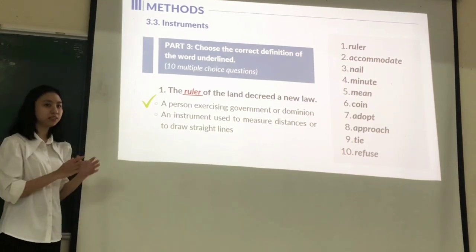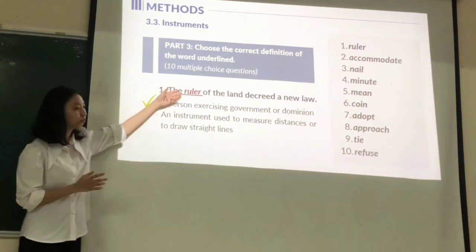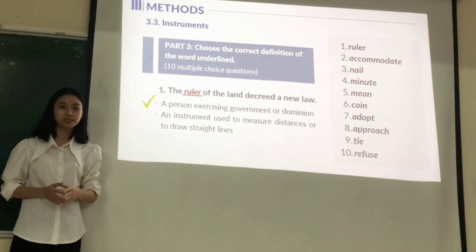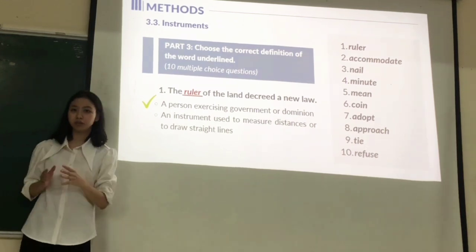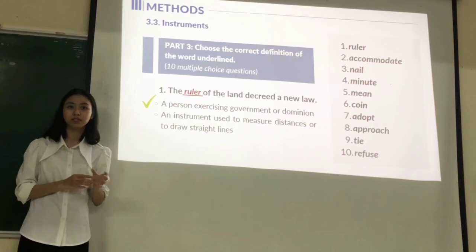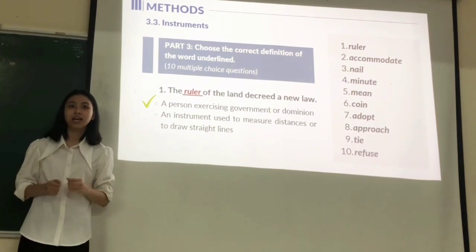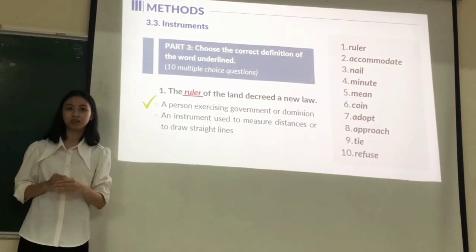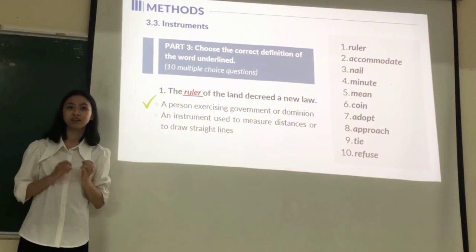The answers are different definitions of the word underlined in the sentence. The 10 questions of part 3 were also used to interview 20 other participants, who read the sentences provided and then defined the meaning of underlined words without any given hints.